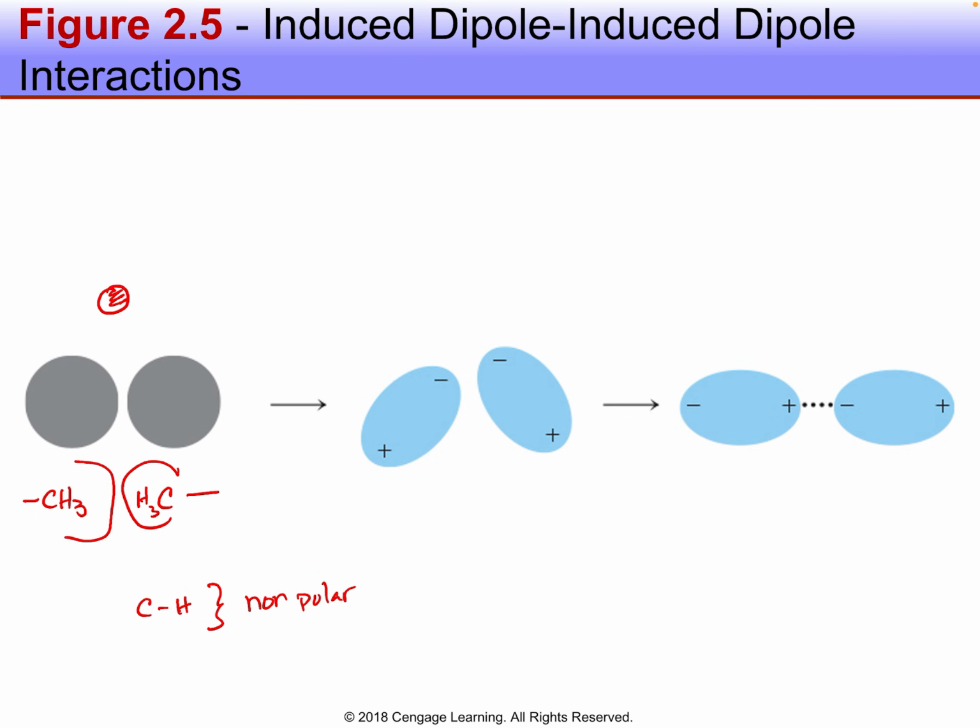And so by themselves, they are nonpolar, but when they are close together, there is an induced dipole. These are called dispersion forces, or London dispersion forces. They are so weak that they actually have to be in contact with each other, or very, very close to each other.